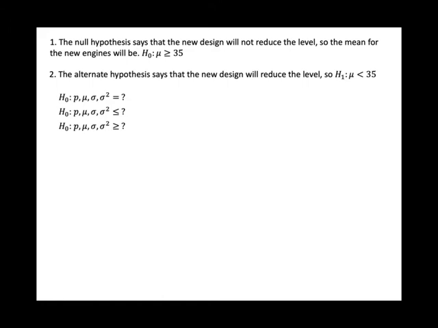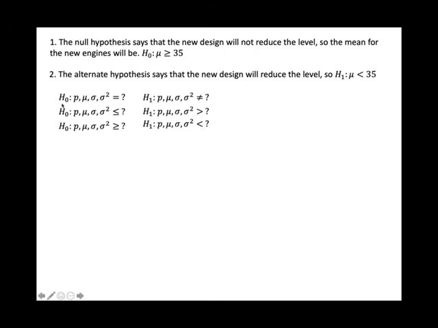Now we're going to work on the alternate hypothesis. Again, you need to decide which population parameter we are working on. And you have three choices for the alternate hypothesis: either not equal to, strictly greater than, or strictly less than.